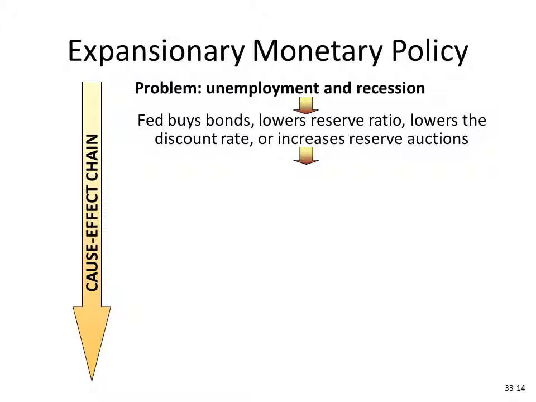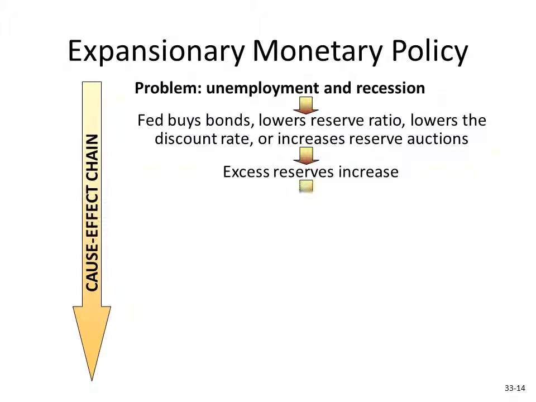Right? The Fed could lower the reserve requirement, and lowering that reserve ratio would directly increase the size of the money multiplier and the amount of excess reserves that banks hold. The Fed could lower the discount rate, or they can increase the amount of reserve auctions to allow more banks to bid for excess reserves.